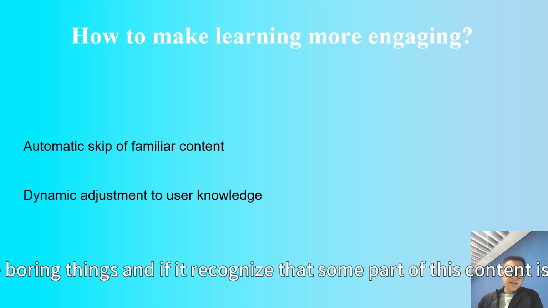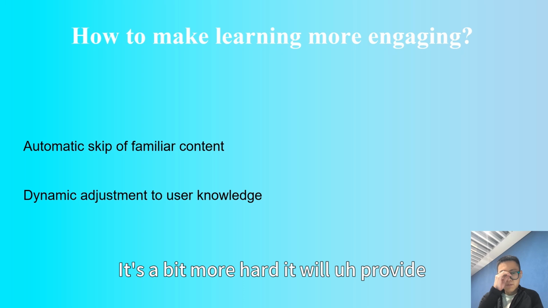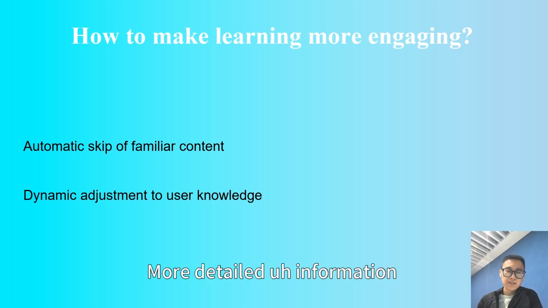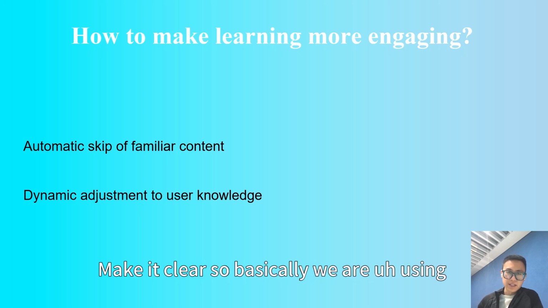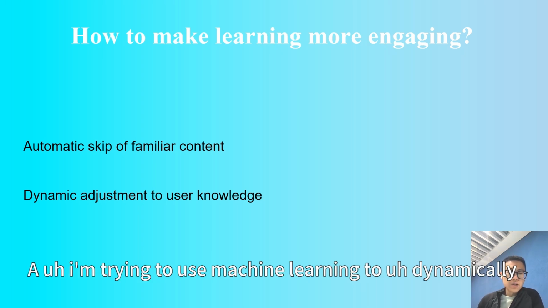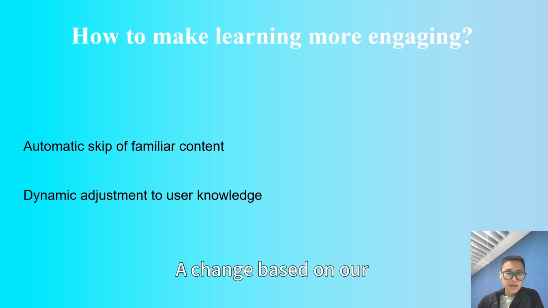And if it recognizes that some part of the content is a bit harder, it will provide more detailed information to help explain and make it clear. So basically, I'm trying to use machine learning to dynamically change content based on our knowledge.